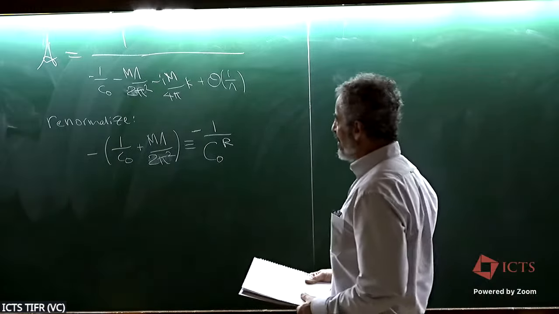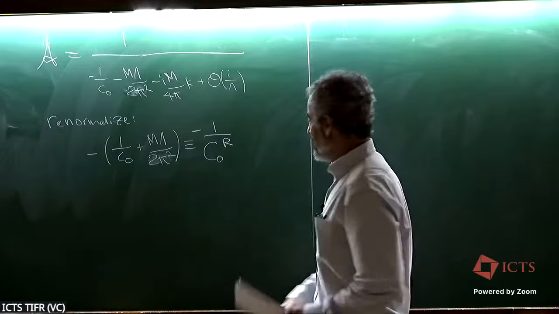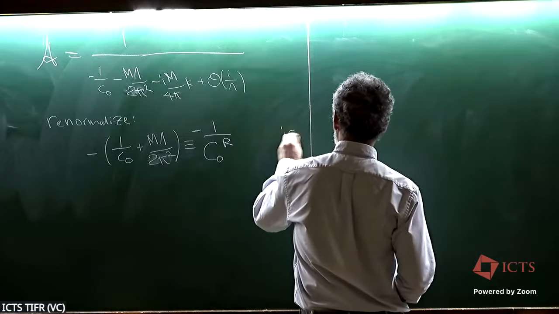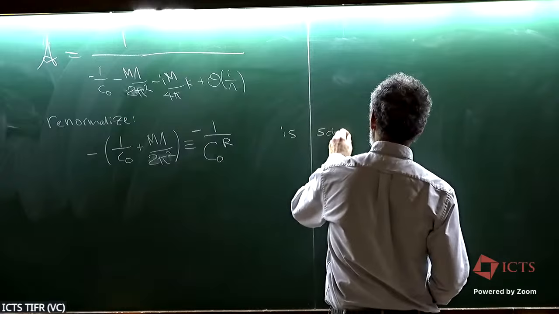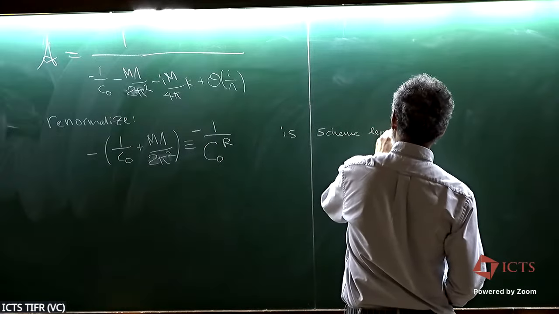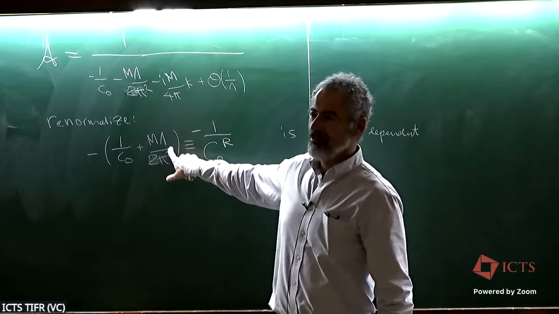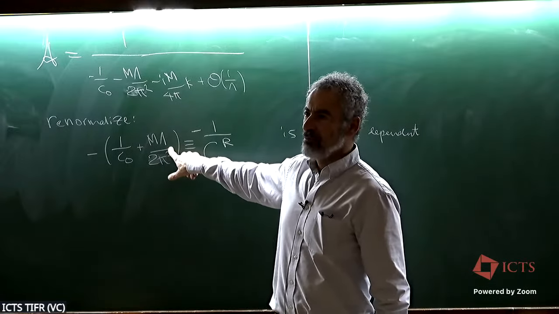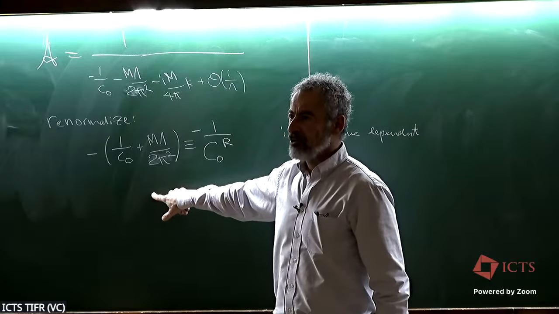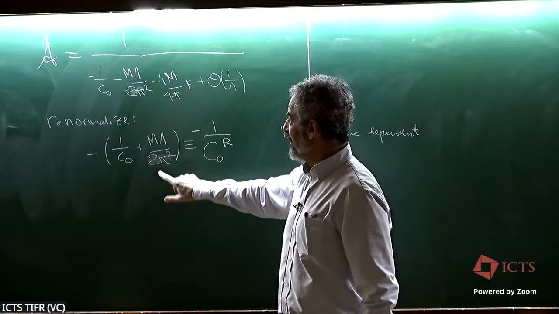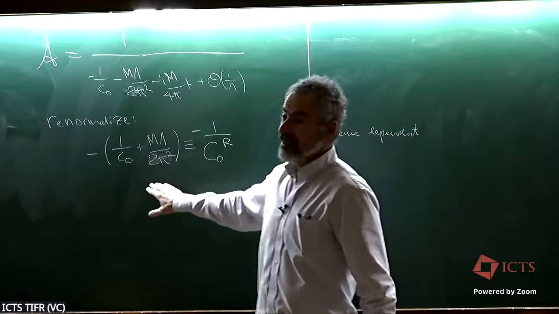Okay, now this is scheme dependent. When you renormalize, you have to absorb the thing that'll blow up. But you can always add any finite amount you want, as long as it's analytic, in fact, it could be even k dependent.